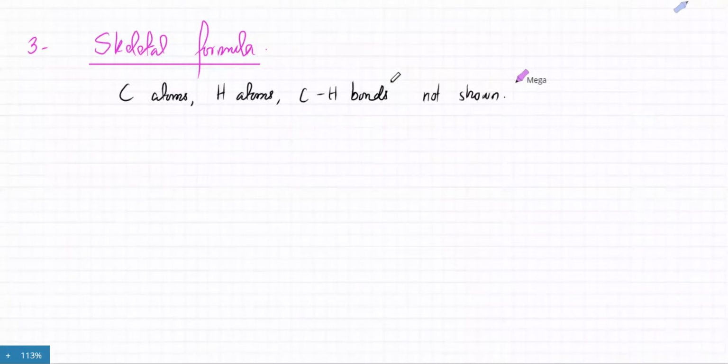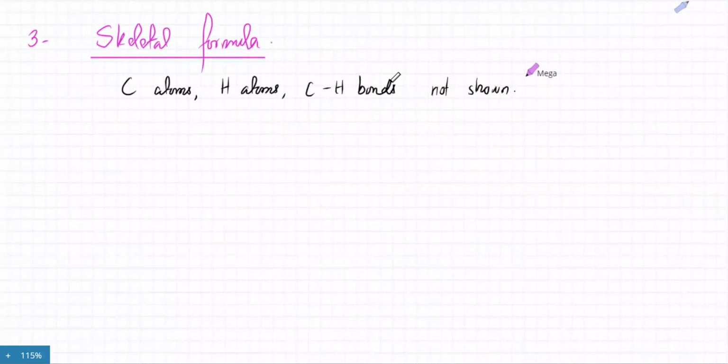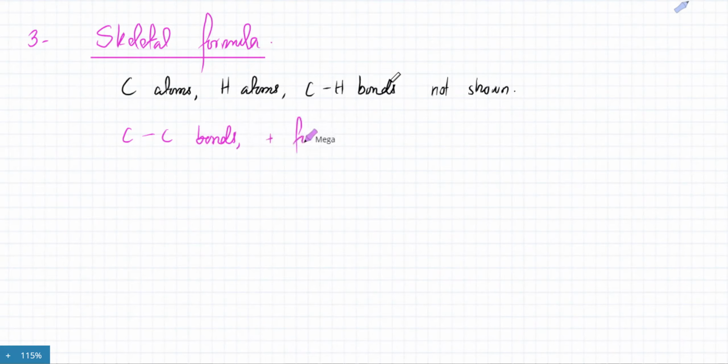Most of the organic molecules are just a bunch of carbon and hydrogen atoms joined together. So if you're not showing them, you're not drawing most of the molecule. So what are you showing actually? What you're showing is just the carbon-carbon bonds, and functional groups are shown.